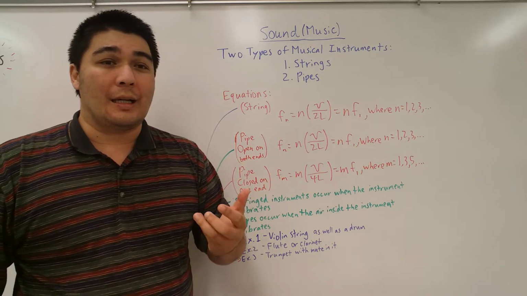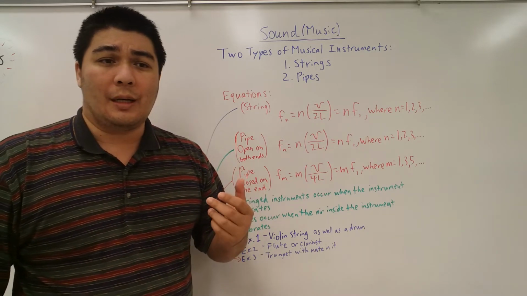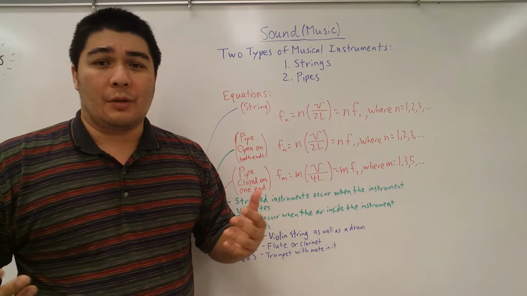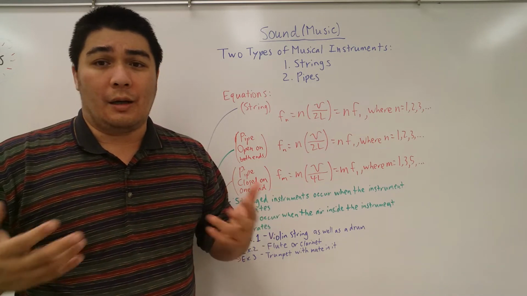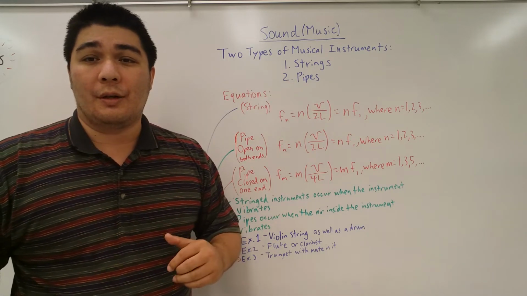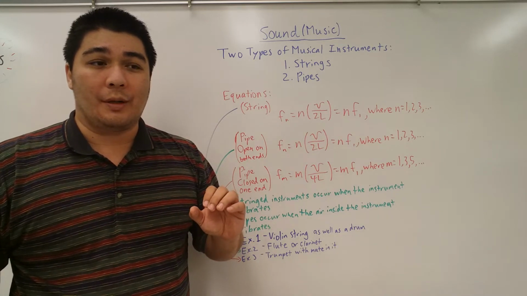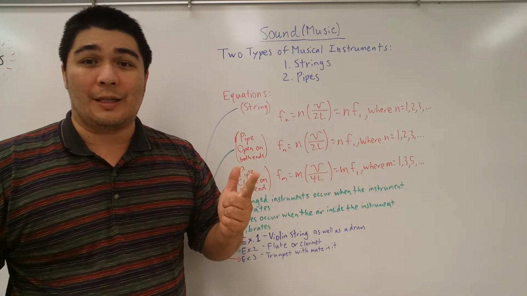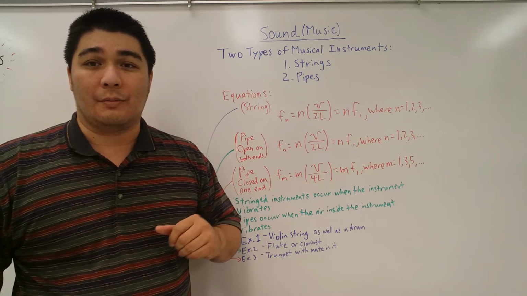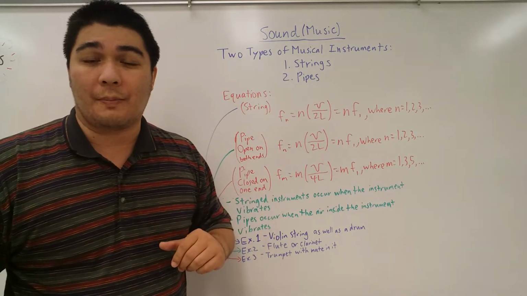Versus other things like trumpets, clarinets, flutes, saxophones, French horns, bassoons. All of those are generally going to be pipes. That's why I can lump almost all of the brass and the woodwind instruments into pipes, and all of the stringed instruments into obviously strings.